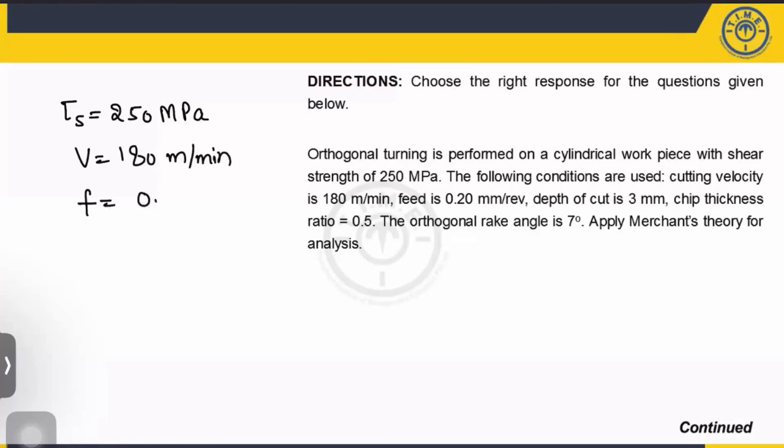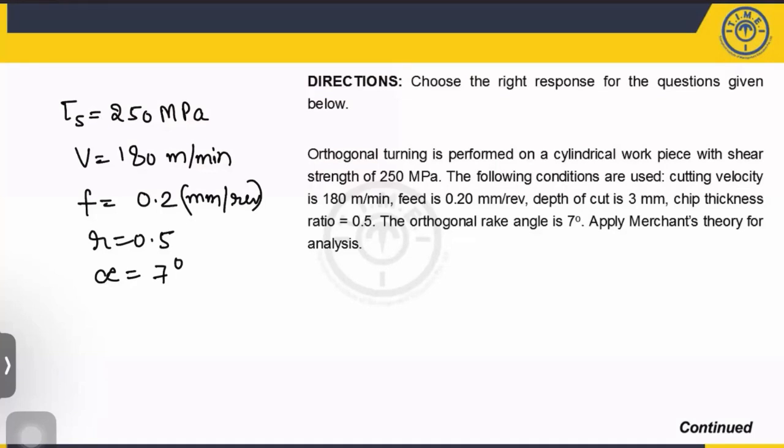Feed is given as 0.2 millimeter per revolution, and the depth of cut, that means uncut chip thickness, is given, or even the chip thickness ratio is given as 0.5. The rake angle is given as 7 degree. First you tell me what is the shear angle you are getting. Alpha value you know, r value you already know, that is 0.5.